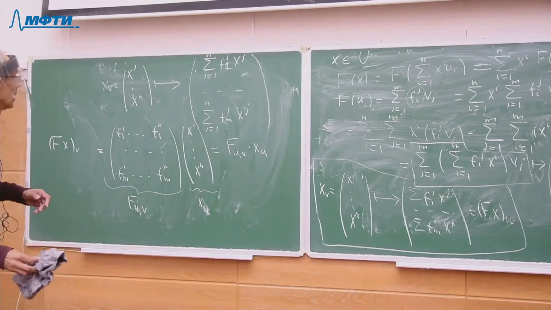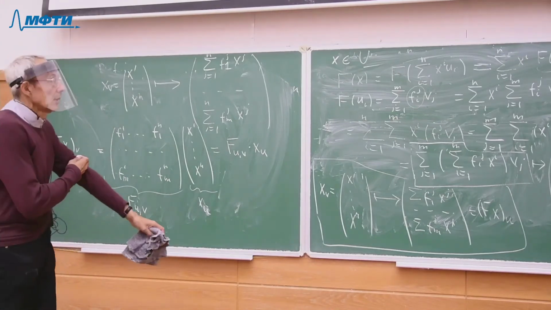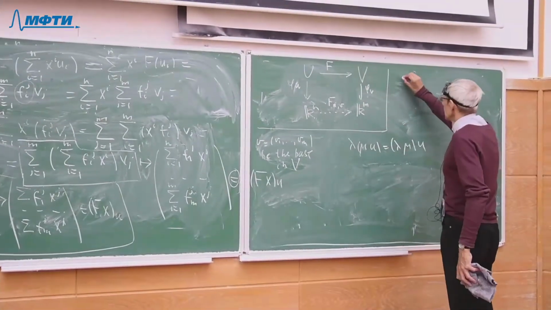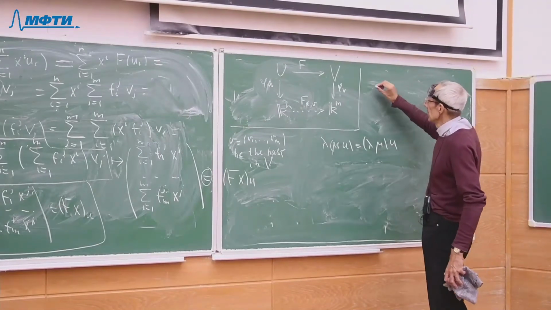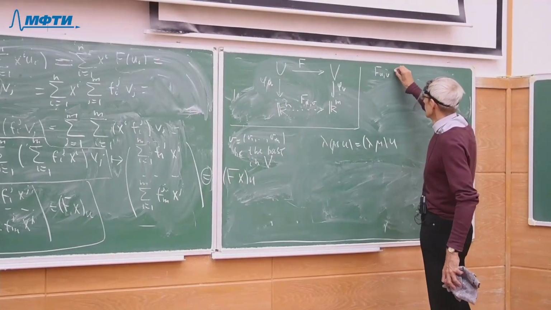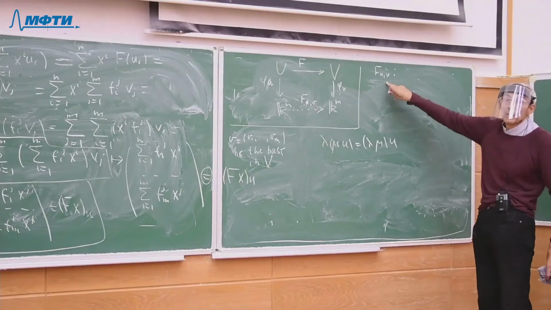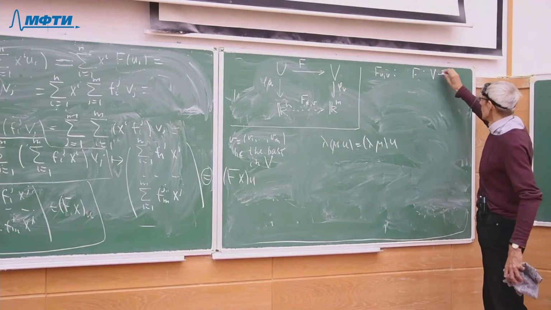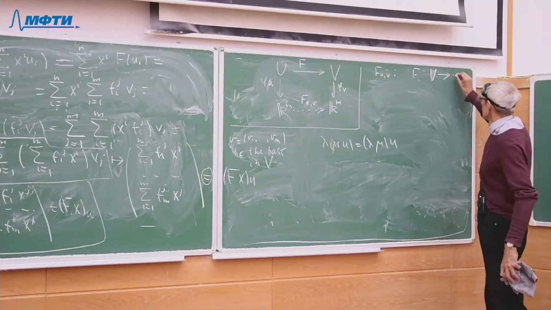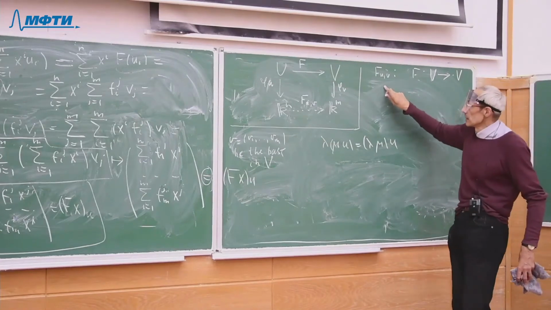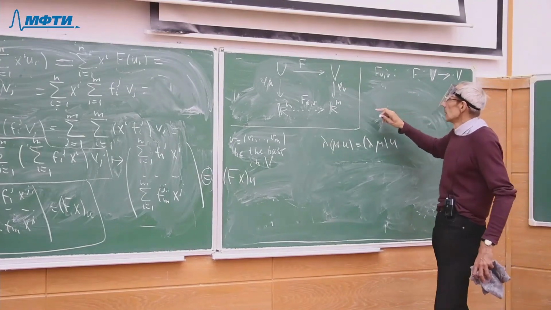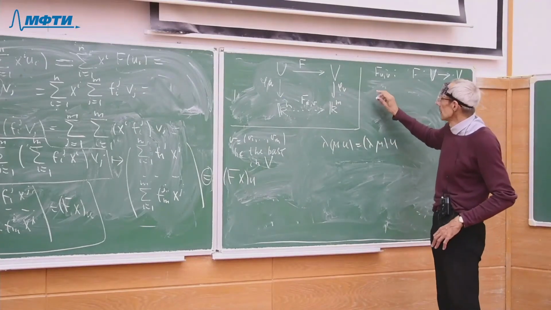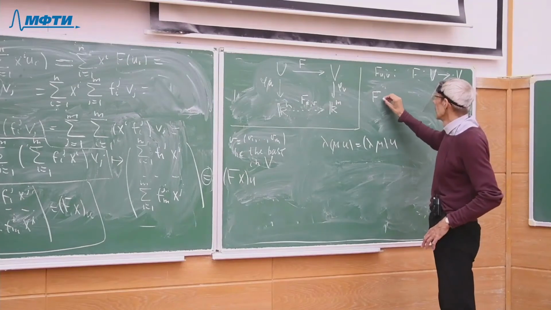The main result of our reasoning is the following main formula. By definition, the matrix F^{UV} of the linear transformation F from U into V in the bases U and V is defined by the following formula.